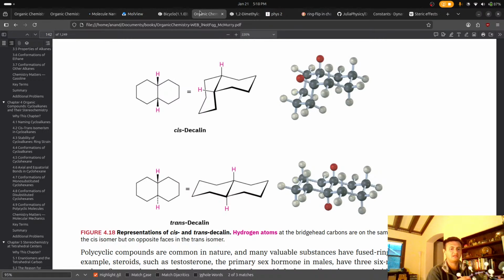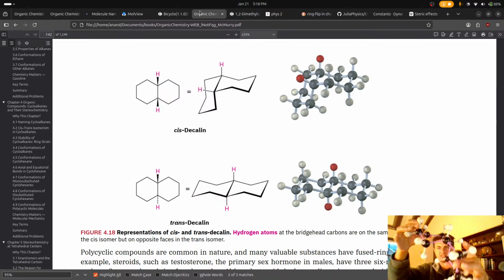Is that right? I don't know if that's right or not. Oh, because now these hydrogens are pointing right at each other, but I think that's not supposed to be the case. Like if this one's sticking straight up. Actually, that does look pretty right.